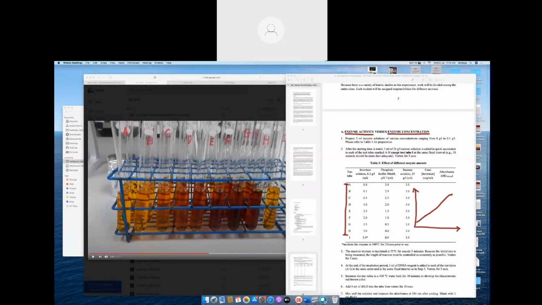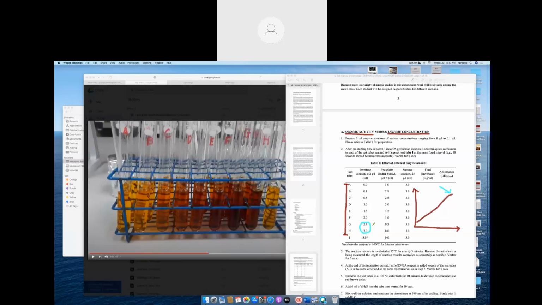You can see at this point the activity becomes slower, where the concentration we use for the invertase enzyme is 2.5 mL and 3.0 mL of invertase.